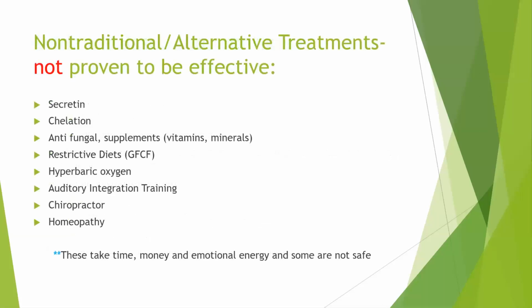Now, what are the non-traditional alternative treatments which have not been proven to be effective? Back when I was in training in the 1990s, secretin was a big thing because something came out from a journal that touted its significant positive effect on children with autism.